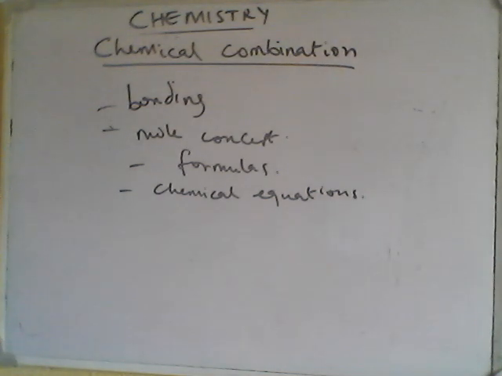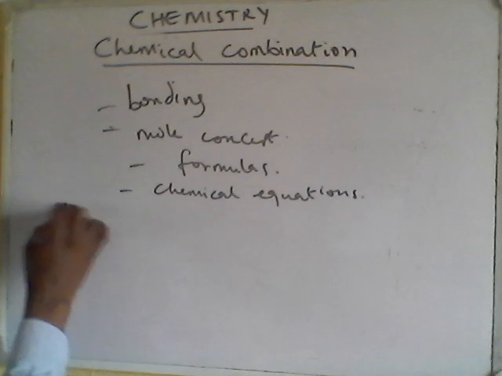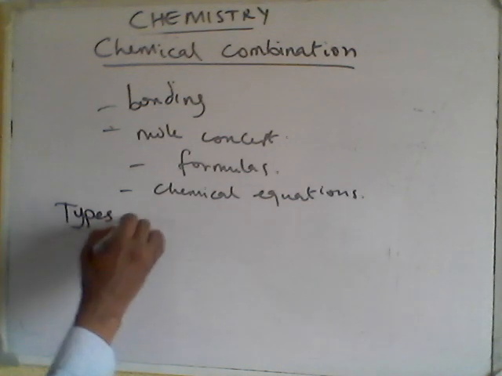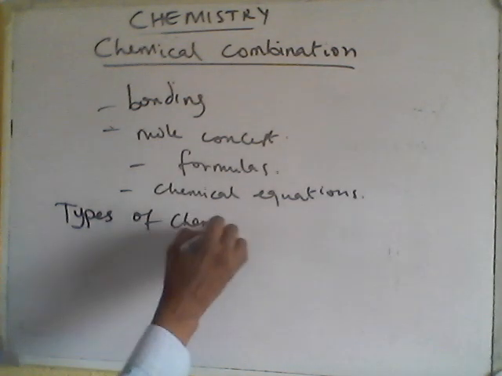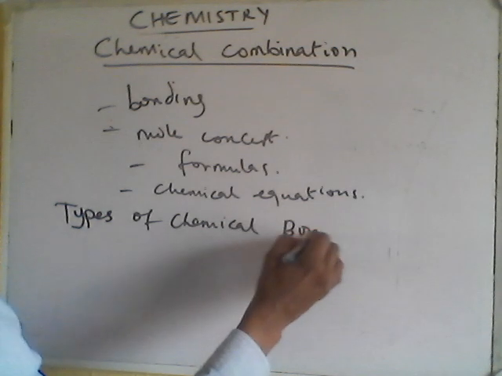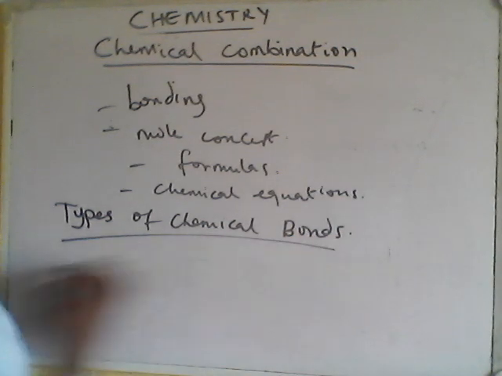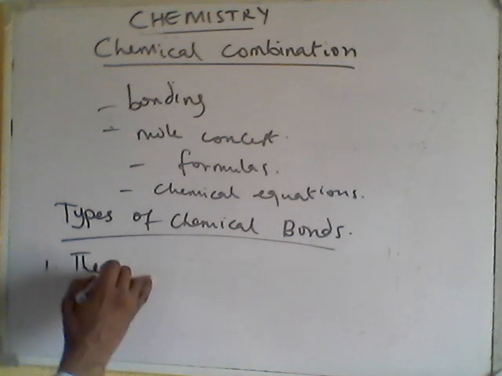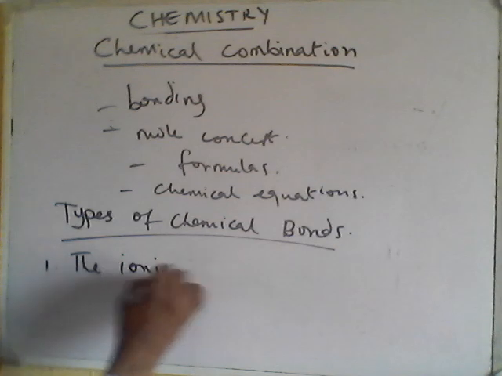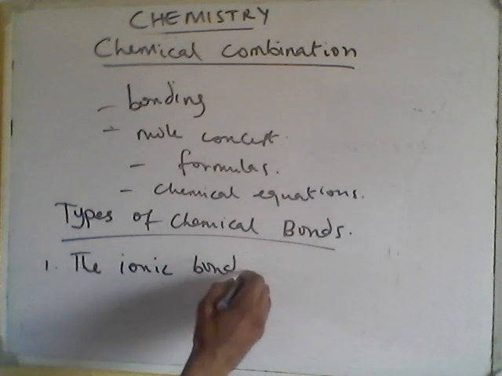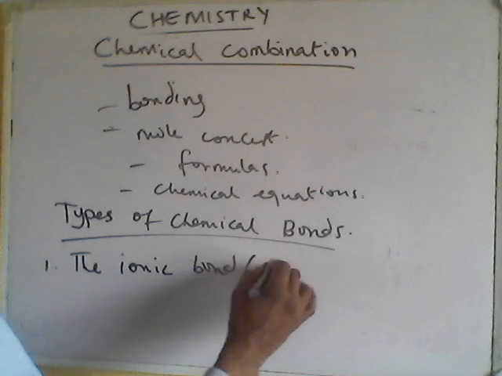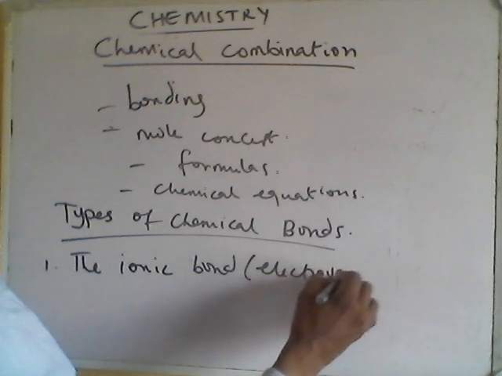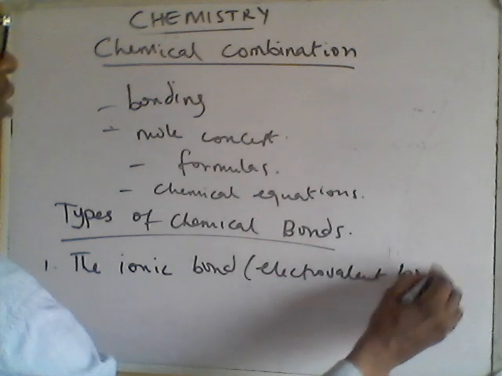Okay? So we'll dive into the types of chemical bonds. I'm going to list them. Number one, I have the ionic bond, or we call it the electrovalent bond.